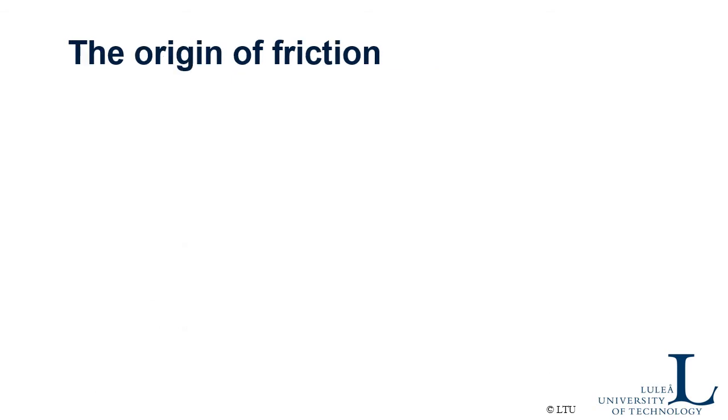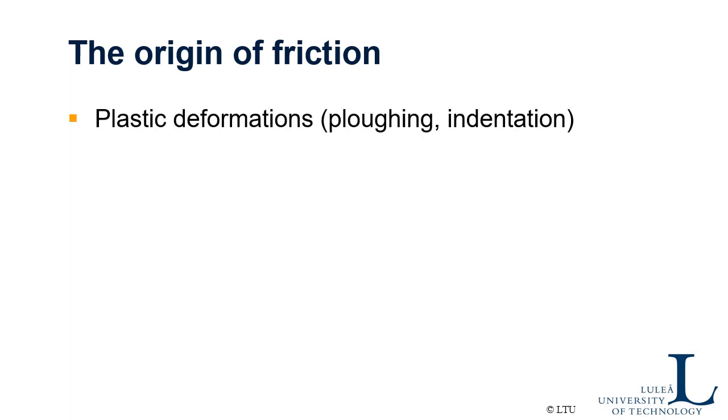Okay, let's start talking about the origin of friction. Why is there friction at all? So the first, maybe one of the most important, is the plastic deformation. So if you get plowing or indentation of the surfaces. So if you have a rough surface which is hard, you put it in contact with another surface and then you try to move it or slide it relative to the other surface.